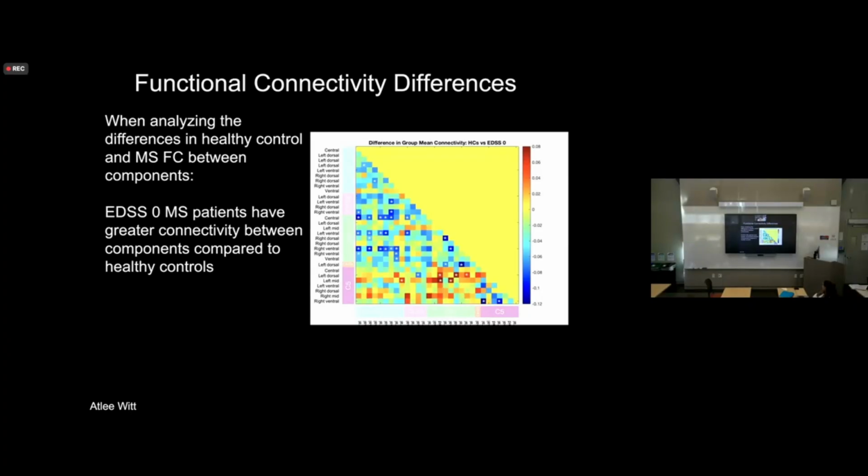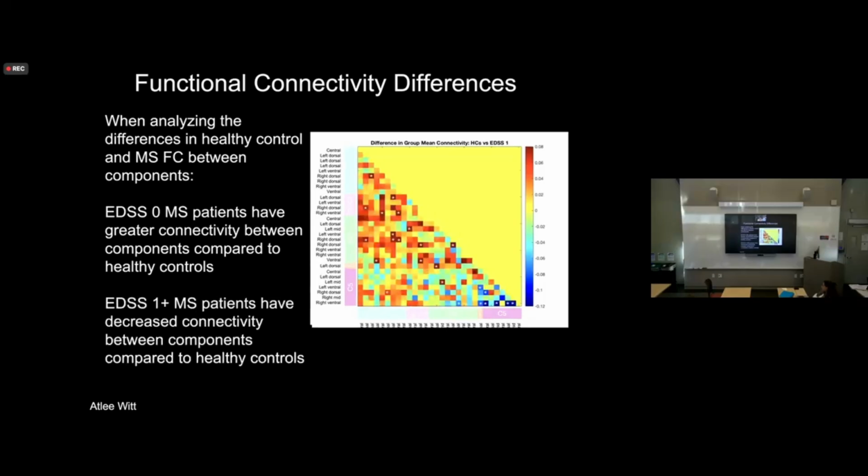When we look at a different group that has an EDSS of, for example, 1, we find that the majority of the connectivity patterns now are lower than healthy controls. So there's some sort of temporal change, or maybe it's not temporal, but different levels of disease burden will generate different connectivity patterns relative to the healthy control.